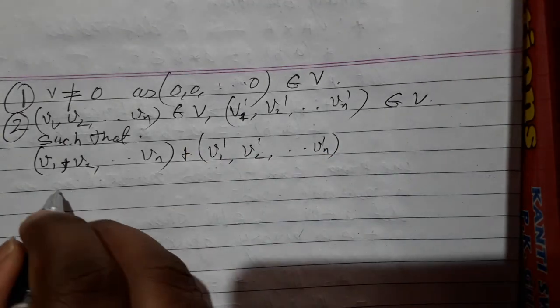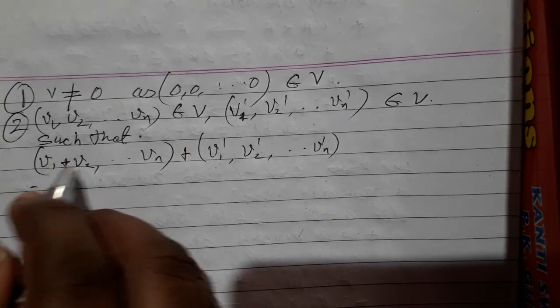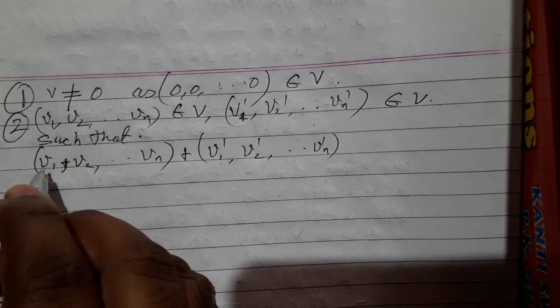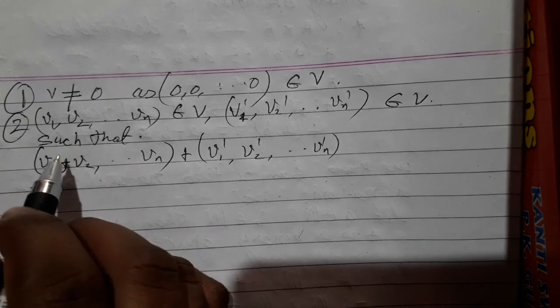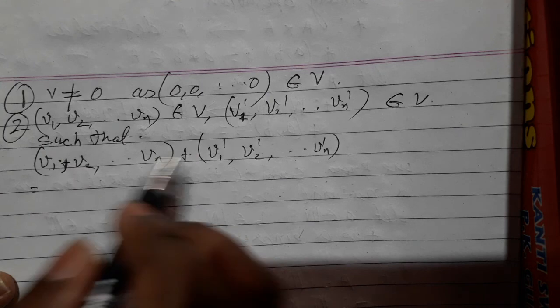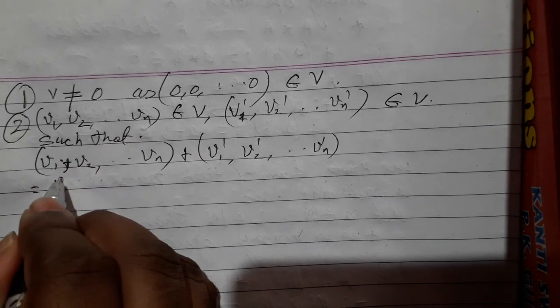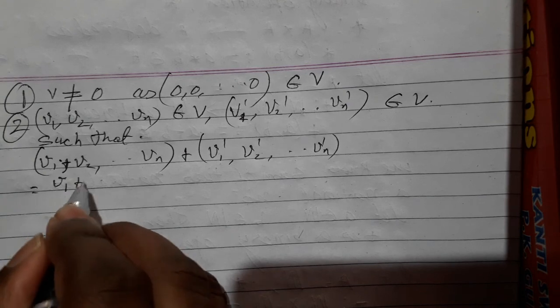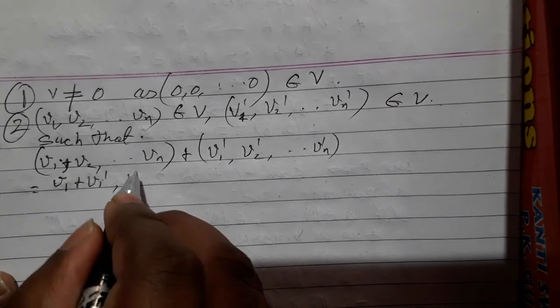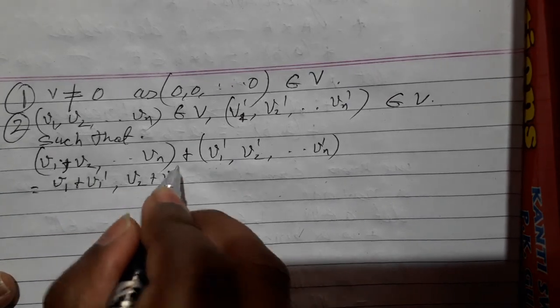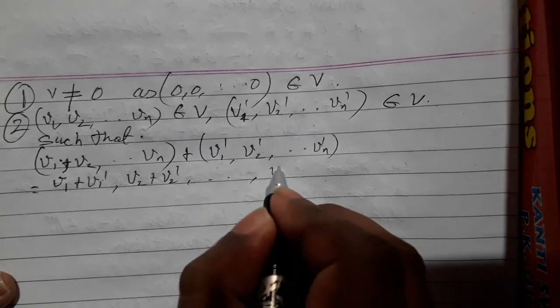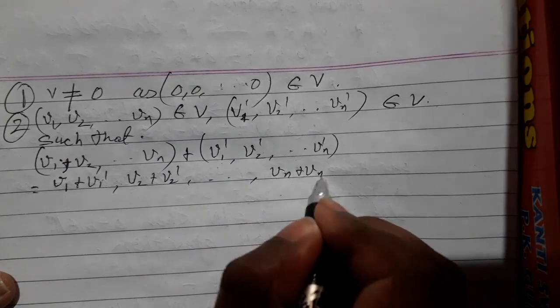Using the first definition, addition is defined coordinate-wise. So we get v1 plus v1 dash, v2 plus v2 dash, so on till vn plus vn dash.